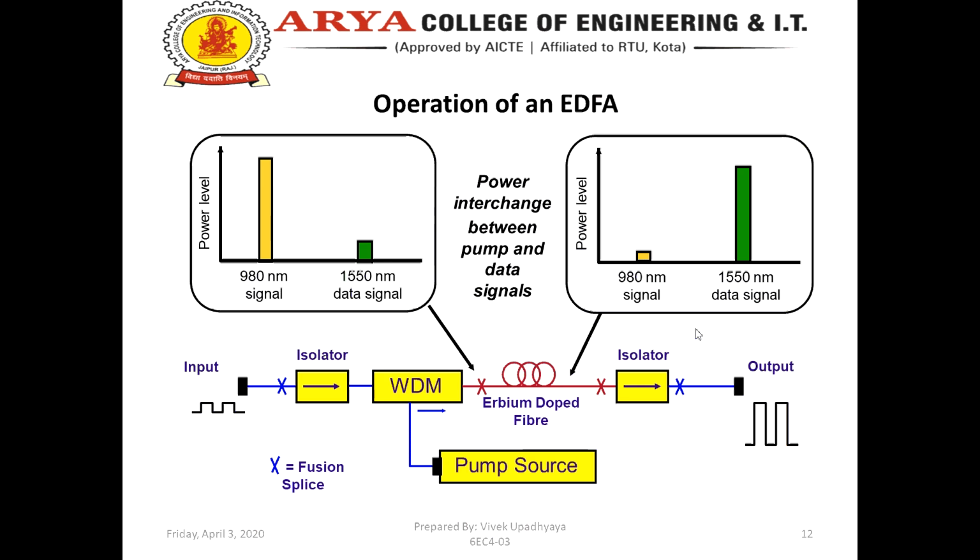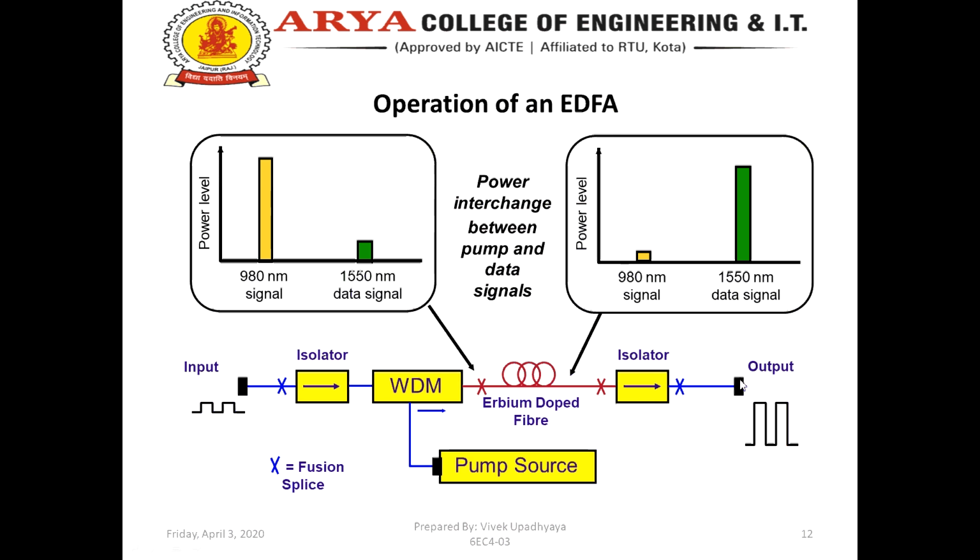Now this is also a diagram for the operation of EDFA. This is the input signal. Then we provide an isolator, and the wavelength division multiplexing coupler is also there. Here we apply the pump source, and here we have the erbium fiber, then another isolator, and at the output we get the amplified input signal.